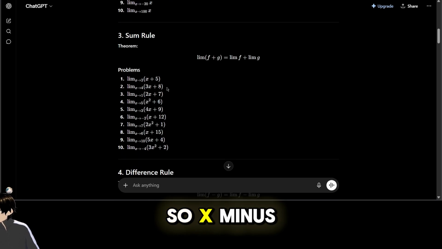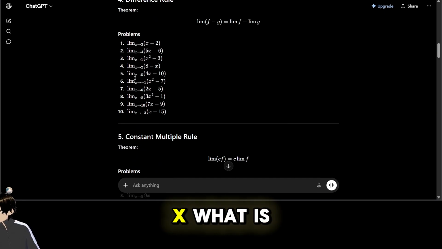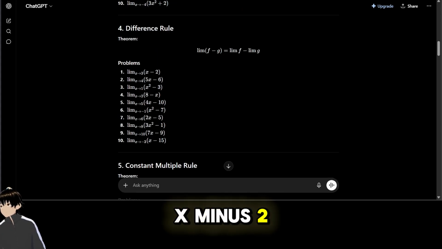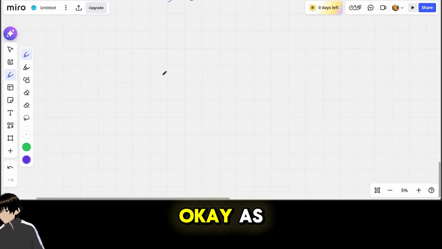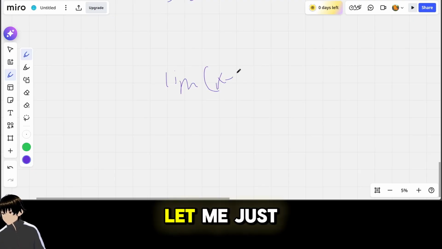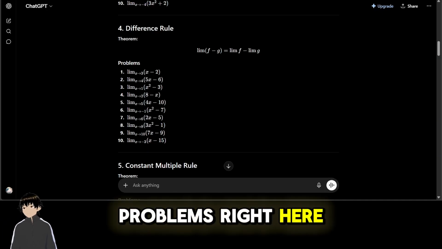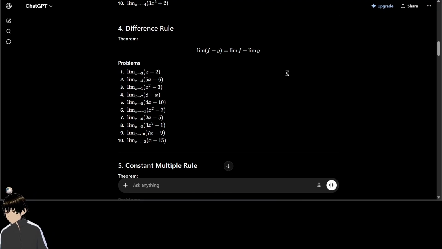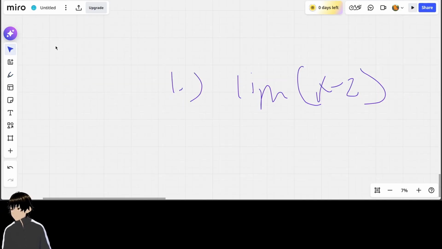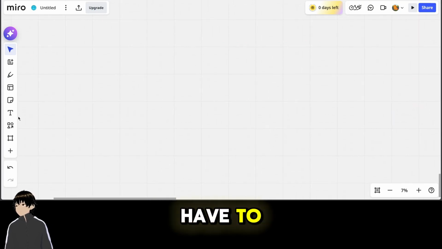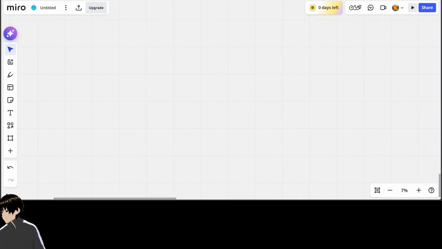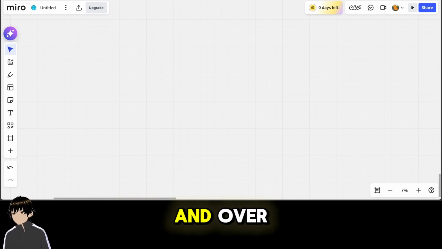We have the difference rule. What is the limit of x minus 2? Let me just copy the problems right here, problems 2, so we don't have to do everything over and over.